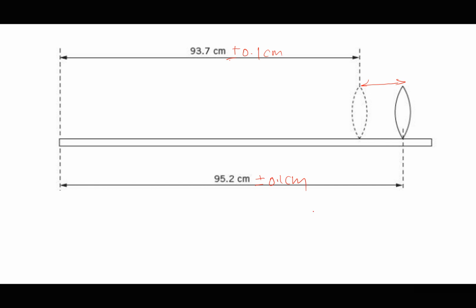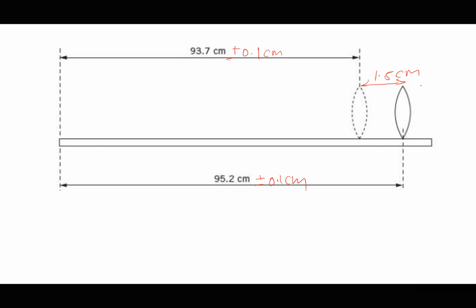But the difference in these two values is 95.2 minus 93.7. Sorry, it is 1.5 centimeters. But how about the uncertainty?